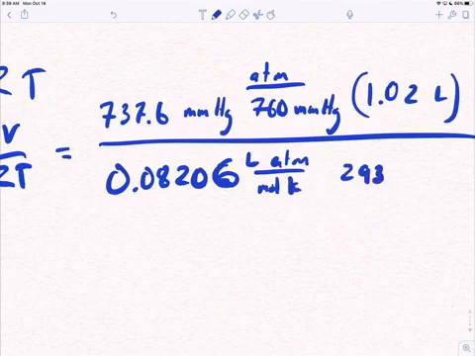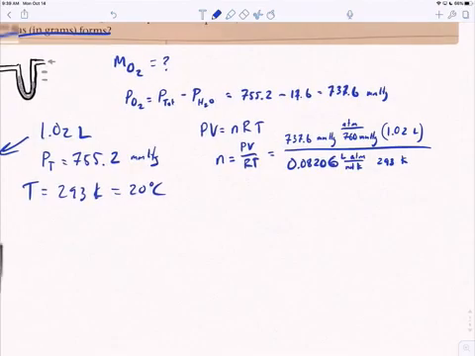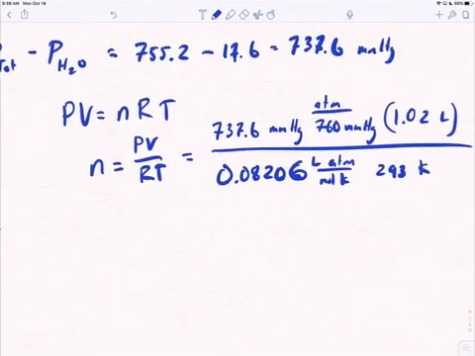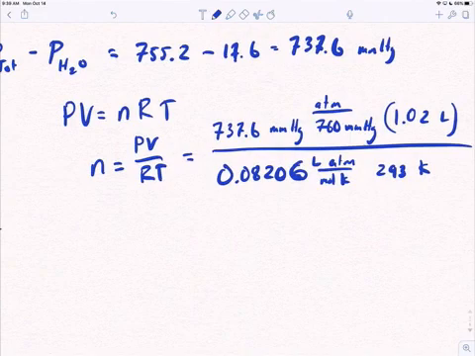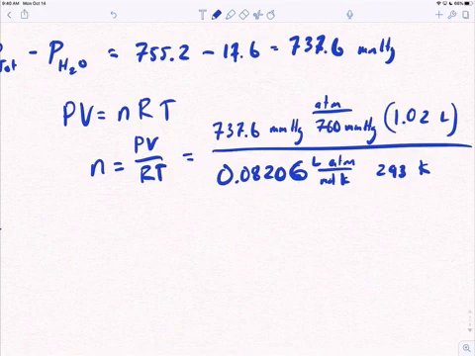Is that right? Yeah. So put that in our handy dandy calculators: 737.6. Aren't you glad that we're not in the 1960s, where we'd have to use a slide rule for this? Times 1.02.